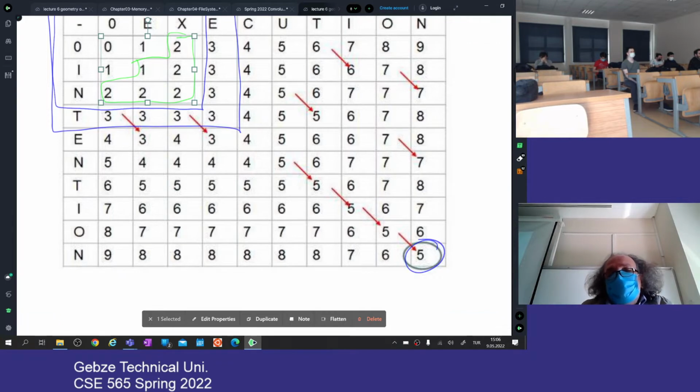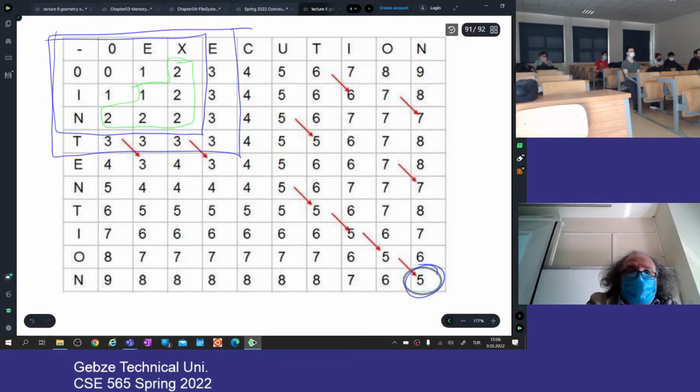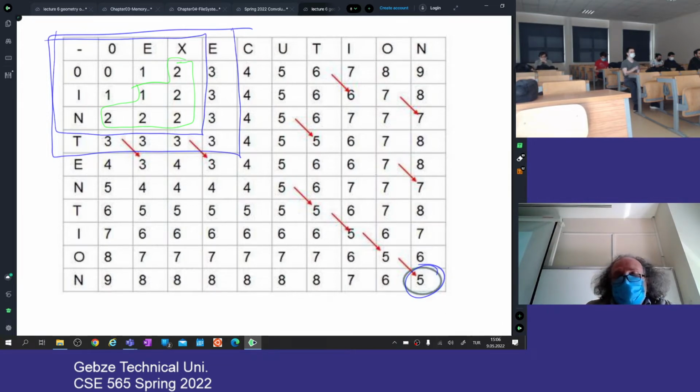That cost 5 will tell you what is the cost of matching this execution with intention, and 5 also will tell you how many keystrokes you have to do to do this editing between these two words. Okay, this is straightforward dynamic programming, and you know this from your algorithms course.